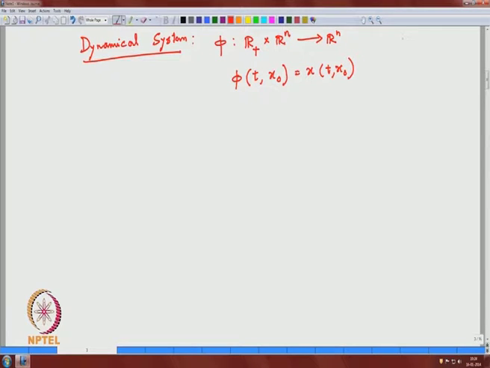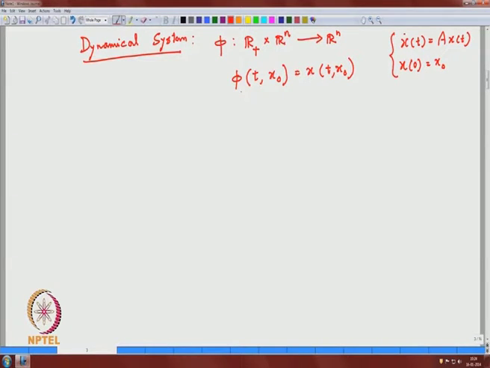What is your system? x dot t is equal to A x t. Let us start with 0, it does not matter as far as this system is concerned whether you start with t naught or with 0.